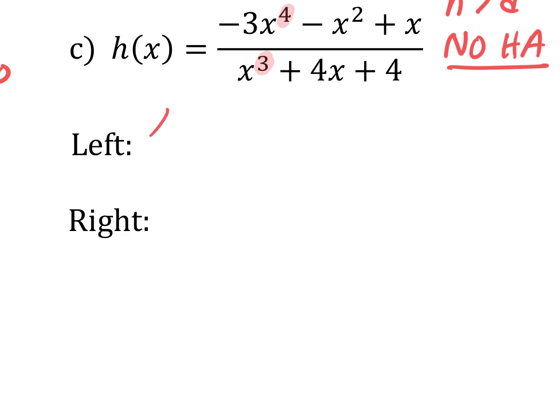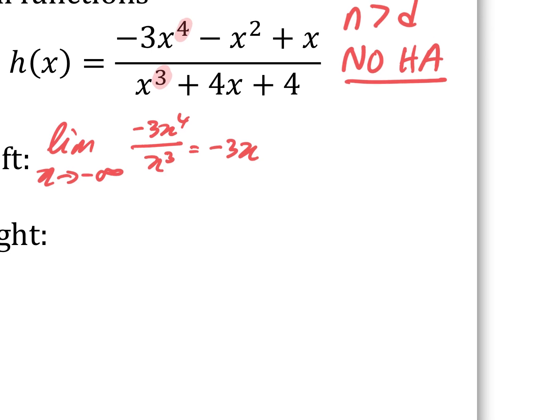If we're going to write the limit statement as x approaches negative infinity of negative 3x^4 all over x cubed, that's going to give me negative 3x only. Now remember very carefully that all the numbers in here will be negative numbers. So that means that it's just like you are multiplying negative 3 times negative infinity, and the result of that is going to give you positive infinity.